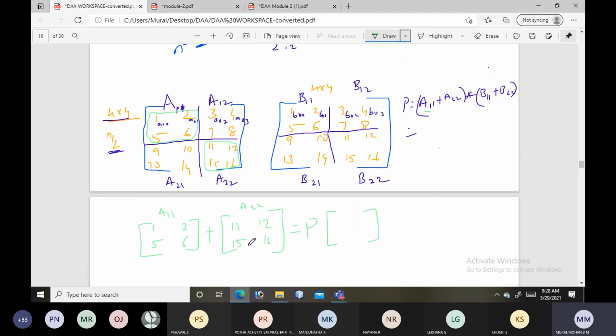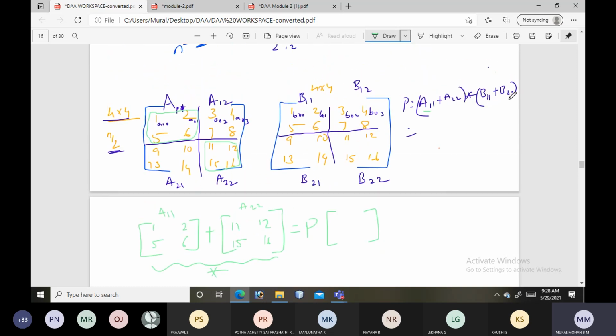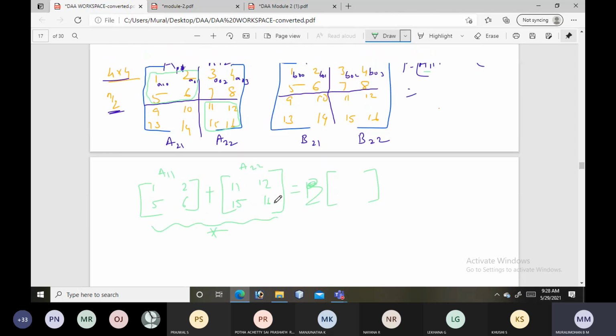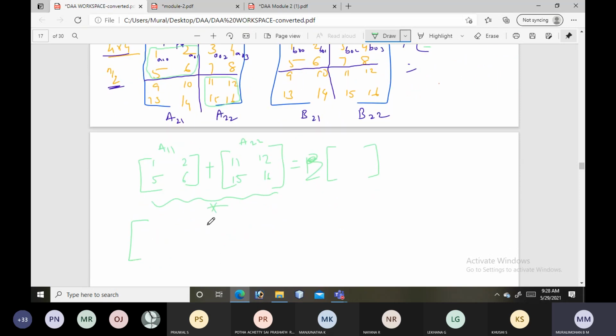So next, this complete thing is multiplied with B11 plus B22. We'll get one matrix when we add these two. Next, B11 plus B22. What is B11? Again 1, 2, 5, 6 plus 11, 12, 15, 16.